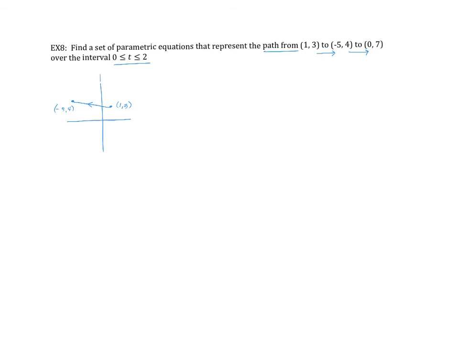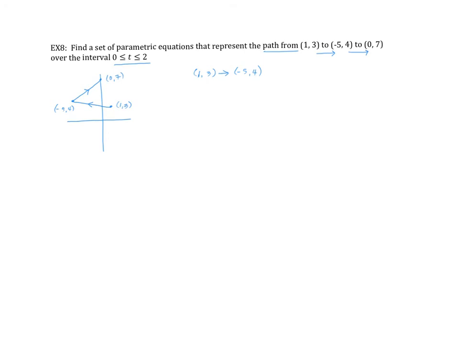Oh, so probably have to make this a little bit longer. And again, I'm given a direction, so I have to be careful with that. So I'm starting at the point 1, 3. Oops, sorry. And then I'm going to the point -5, 4. So that's going to be the first parametric representation.